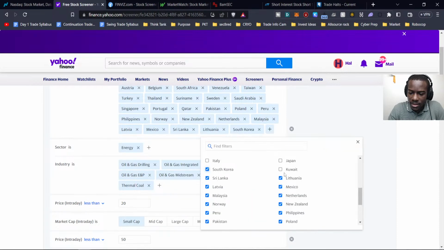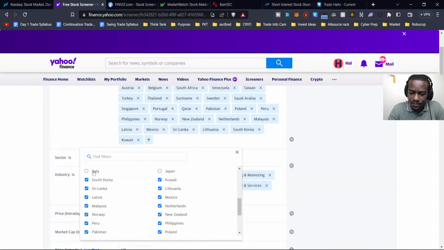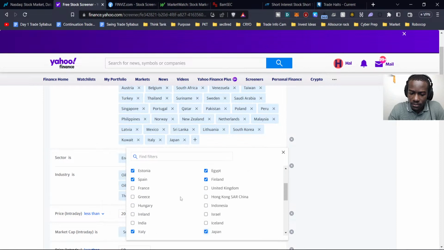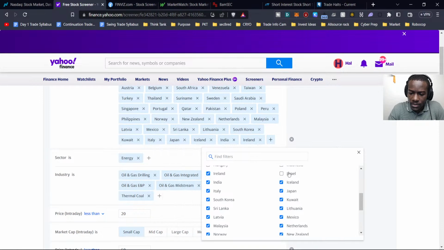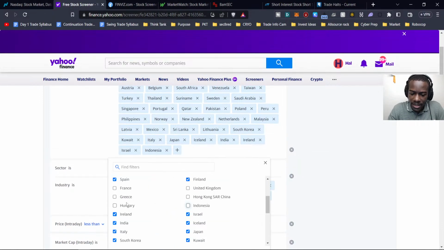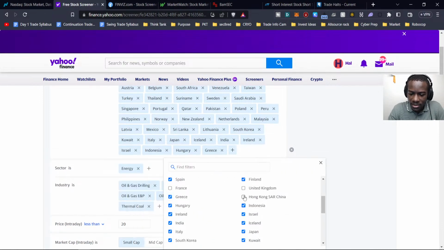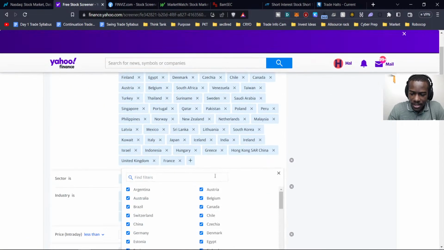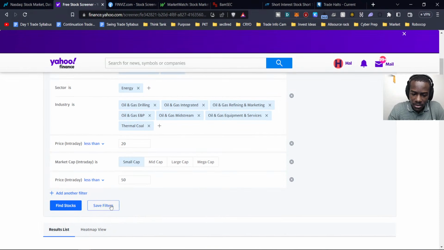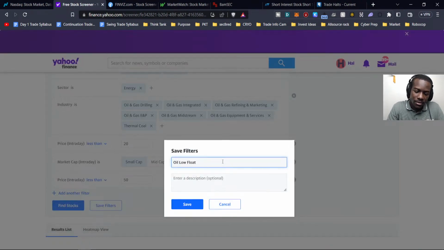Yeah, they really need a select all for this. But it is free, so I'm not complaining. And Finviz doesn't have a sector selector, not for free. So I'm not gonna complain. Go ahead and save that as worldwide.